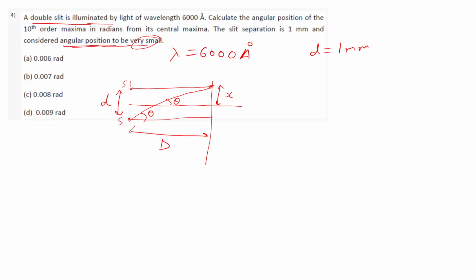Okay, now this is S1, this is S2, this is some point P, this is the center O. Then in this particular triangle, if the angle is very small, then we can take tan theta to be x10, if I call it, because we are looking for the 10th order maxima, the 10th fringe.